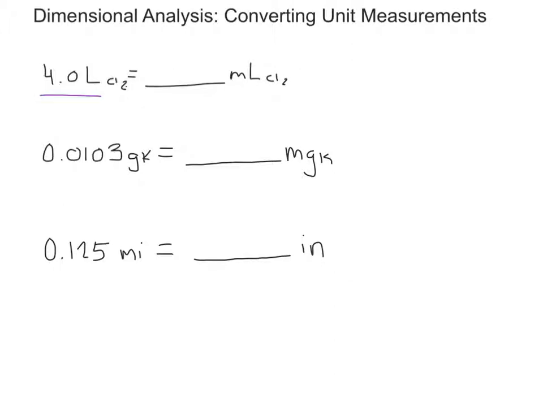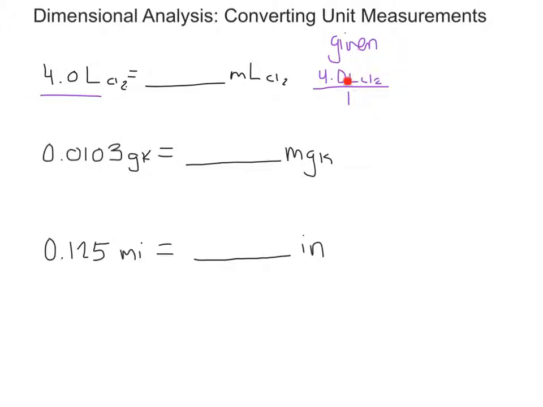We have 4 liters of Cl2. That's the amount that's given to us. What we want to eventually get is how many milliliters of Cl2 gas does this equal? And I apologize, my handwriting is a little difficult to read. You always put this value over 1, always, always, always.